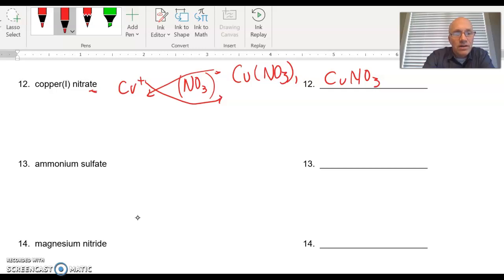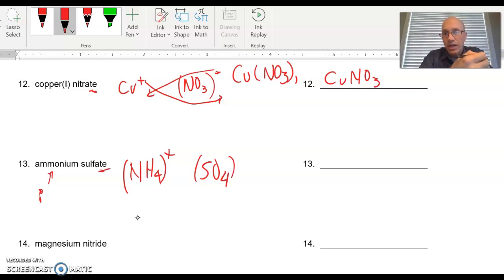All right, ammonium sulfate. Ammonium tells us that's an ionic compound, so we know we're going to have to do the crisscross rule. We can get the formula for ammonium from the reference guide. Sulfate is also a polyatomic ion, and it has a -2 charge.